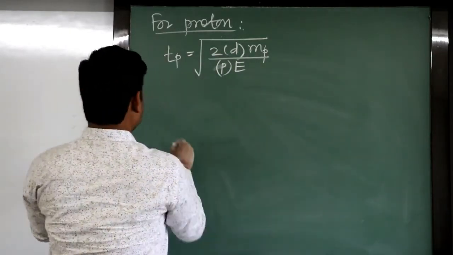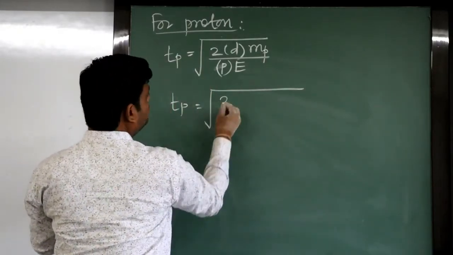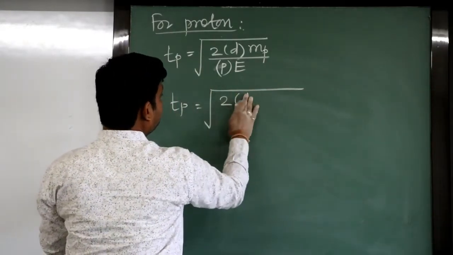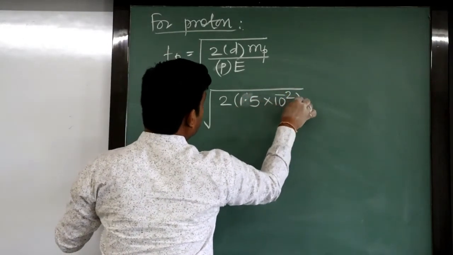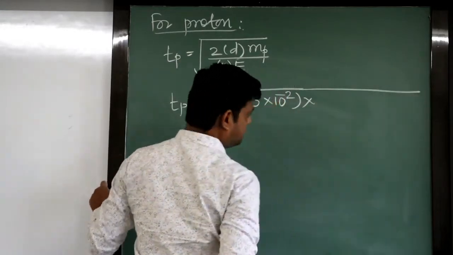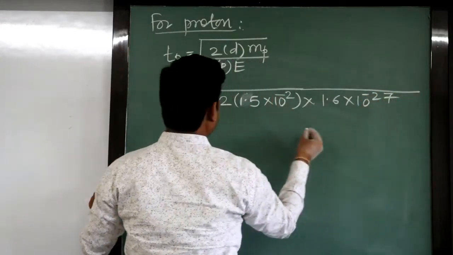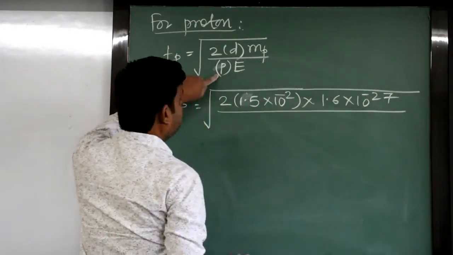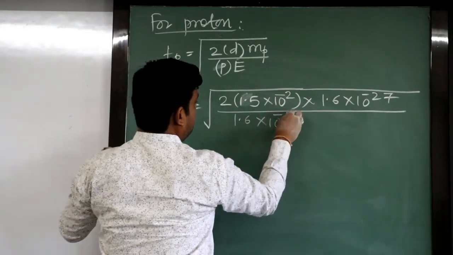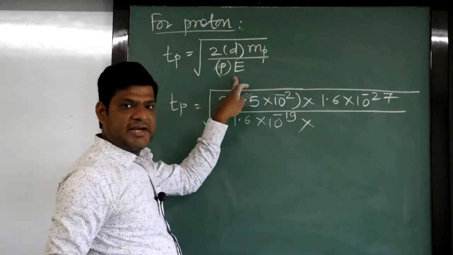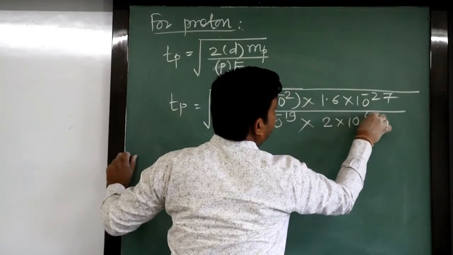Now putting in the values: 2 into d, that is 1.5 × 10^-2, the mass of the proton, which is given as 1.67 × 10^-27, and the magnitude of the proton charge, that is 1.6 × 10^-19. E, the magnitude of the electric field, is given as 2 × 10^4.